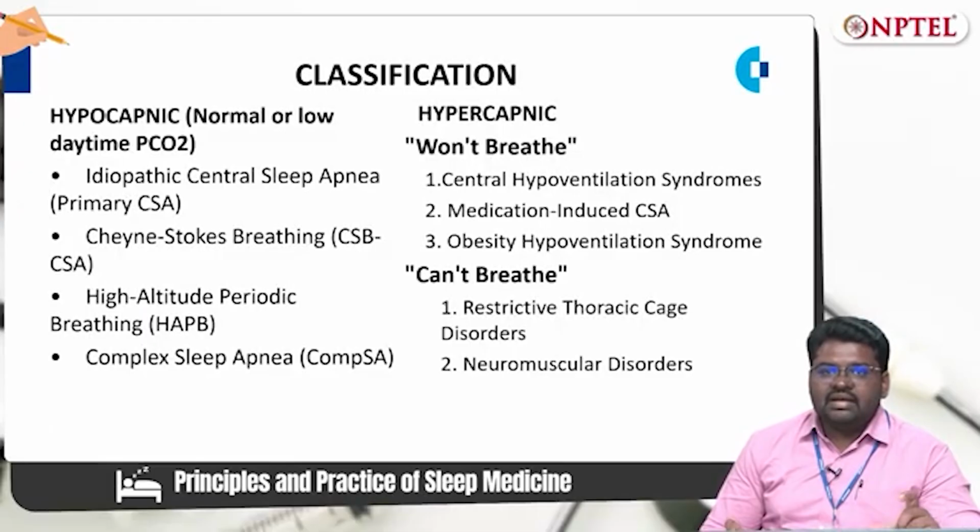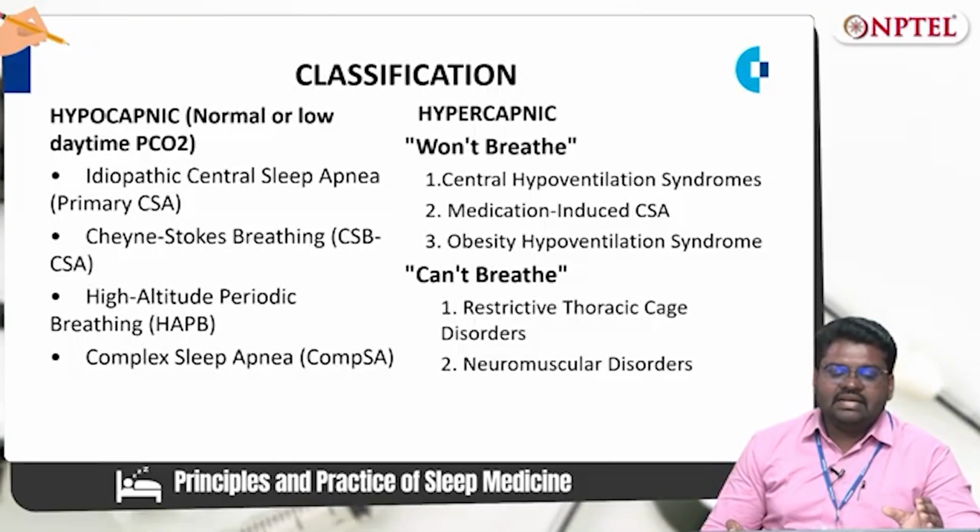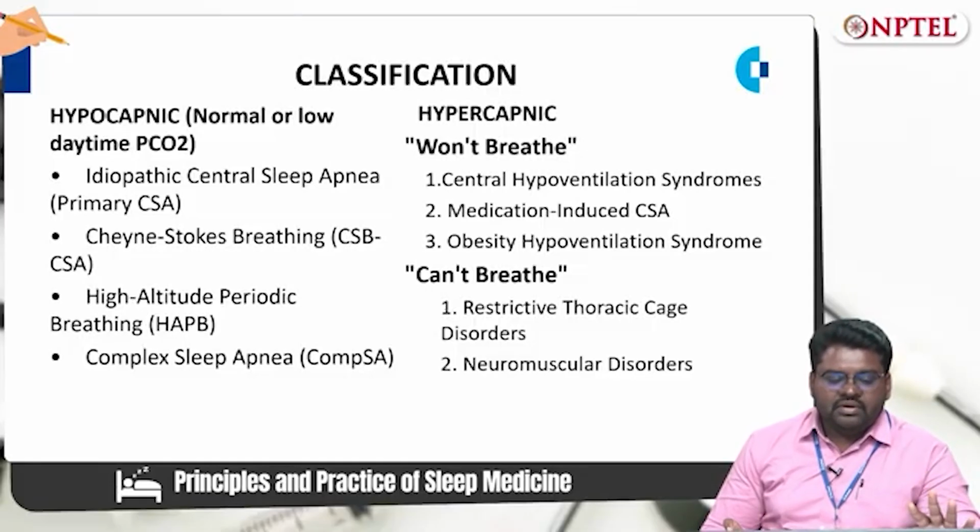Coming to the classification, the first group we will be discussing is hypocapnic. That is, the patient will have either a normal daytime PCO2 level or a low daytime PCO2 level. Among this category, there are four conditions.